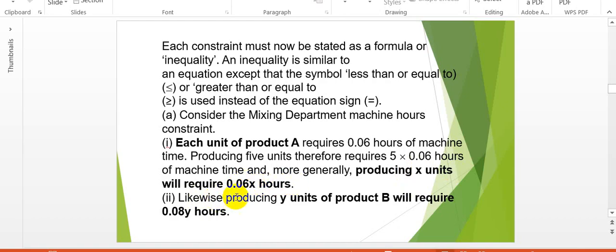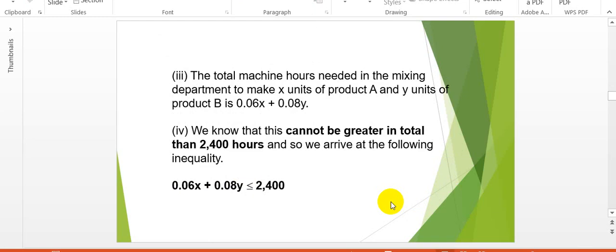Likewise, producing Y units of product B will require 0.0Y hours. So the total number of machine hours needed in the mixing department to make X units of product A and Y units of product B would therefore be 0.06x plus 0.08y.